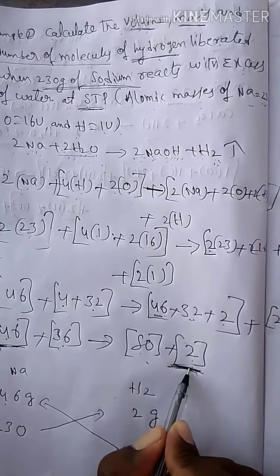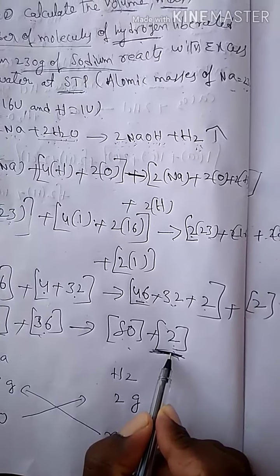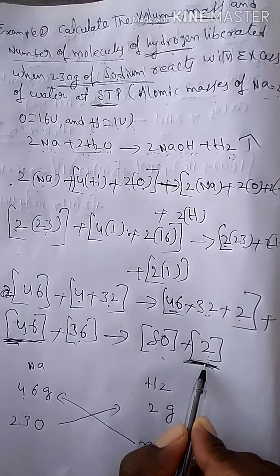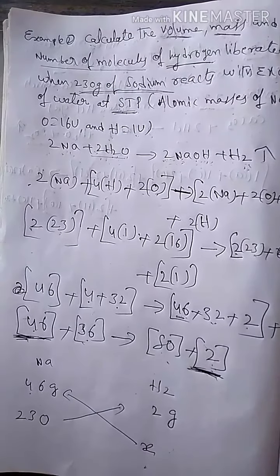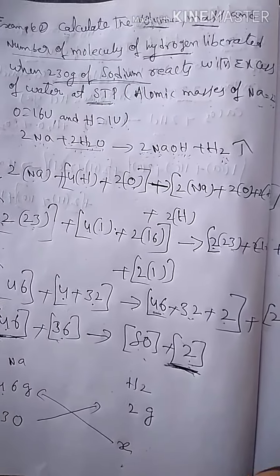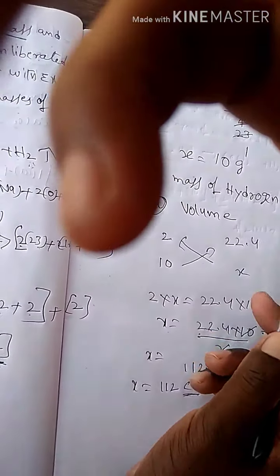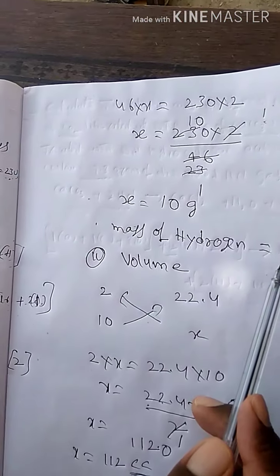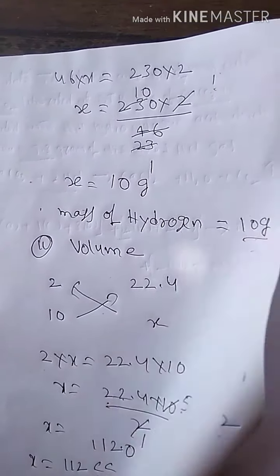So these 2 grams of hydrogen occupy 22.4 liters volume. But finally here we got the mass is 10 grams. So 10 grams mass occupies how much volume? This is the question. So now how to calculate the volume?